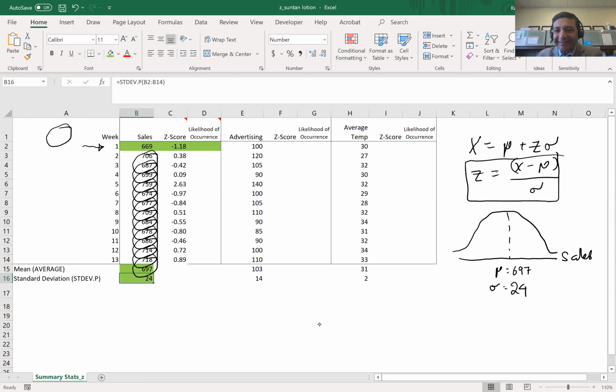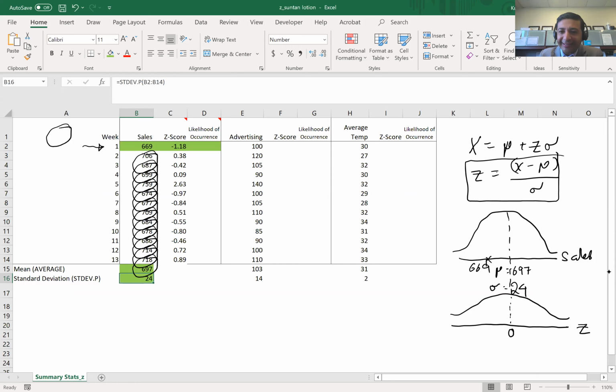Your 669 is to the left of 697, somewhere here. Naturally, if you draw a corresponding Z, your Z value for your mean of 697 is 0, because by the very definition of Z, it measures the number of standard deviations that a certain point is away from the mean.